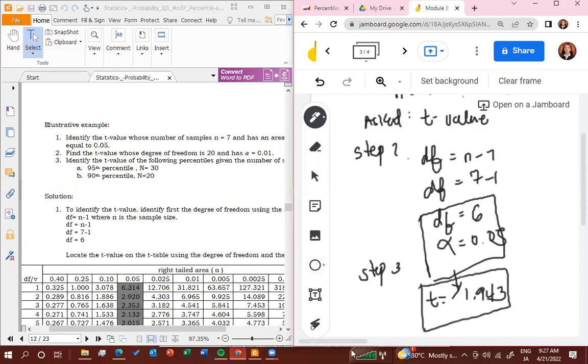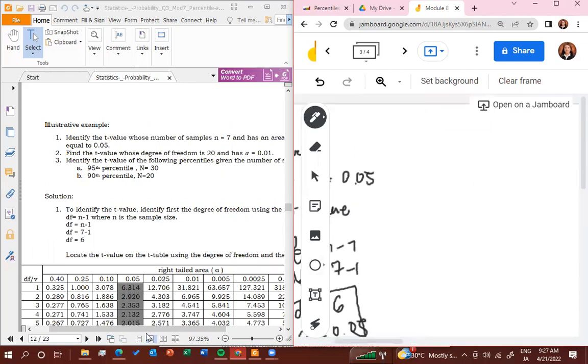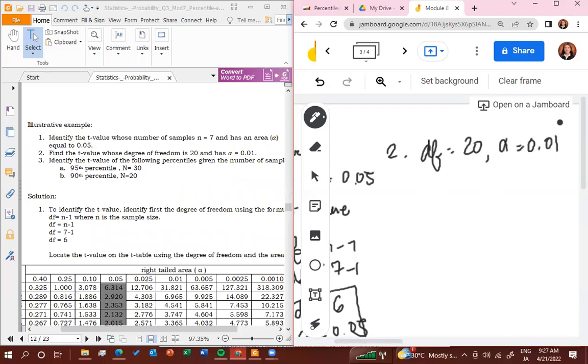Try to answer number 2. Find the t value whose degrees of freedom is 20 and has an alpha of 0.01. Do we need to do any other steps? We already have everything we need to look for the t value.